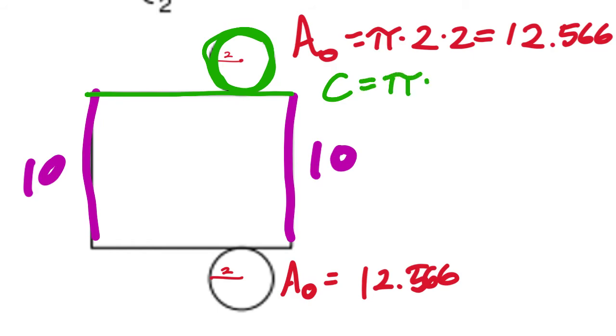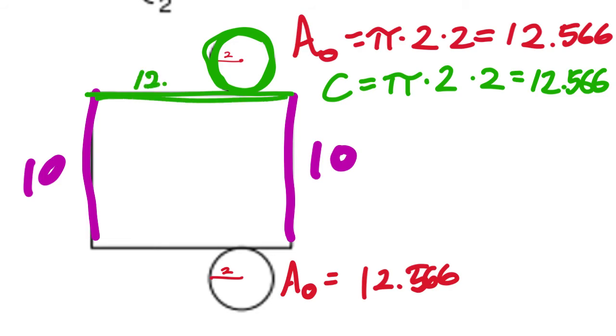That's pi times 2 times the radius, but we do know the radius, which is 2. And, excuse me, sure enough, we found that already, 12.566. So that means this length right here is 12.566 units, okay?